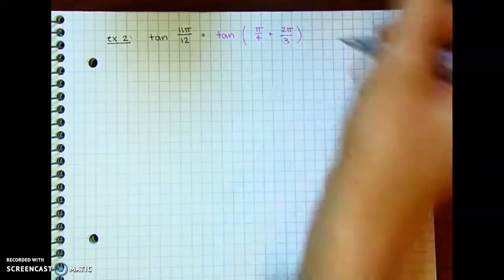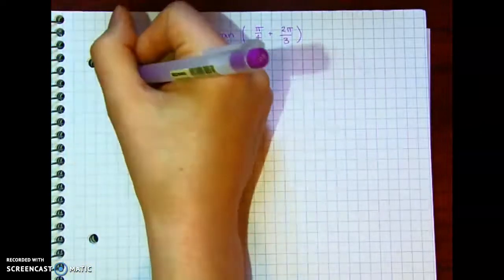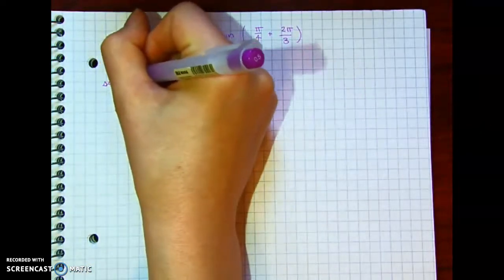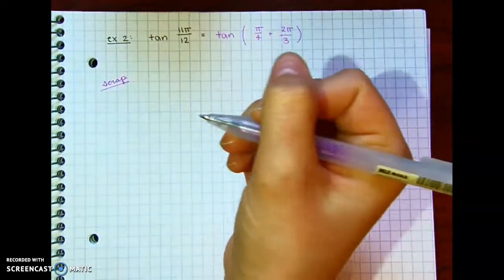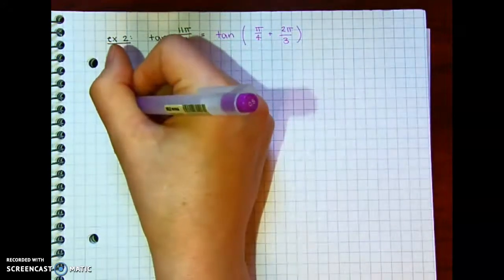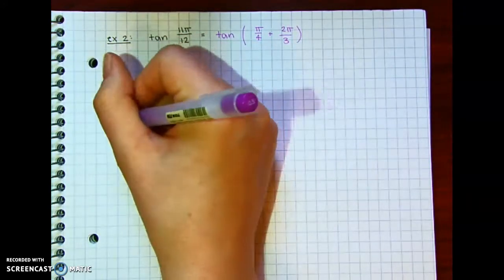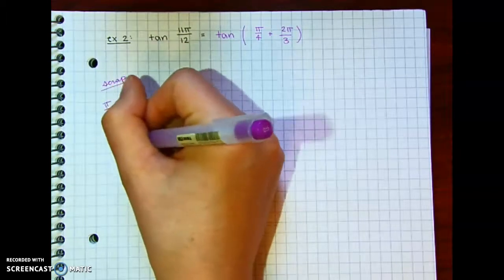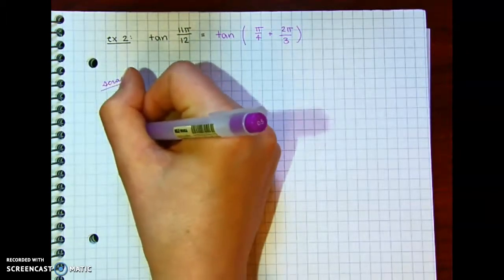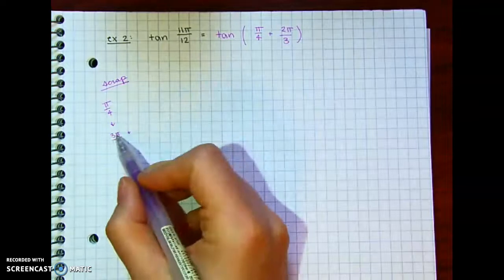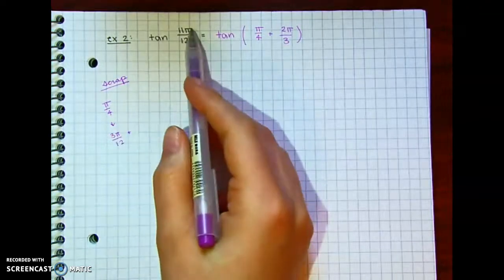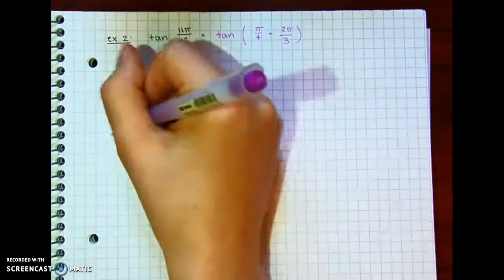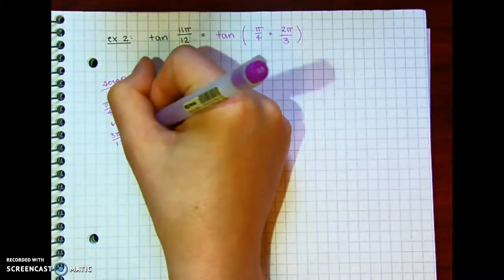And then just like a little scrap work. So sometimes what I like to do, especially if I'm rusty, is pick an angle to start with, so maybe pi over 4, and be like, okay, that with a denominator of 12 is 3 pi over 12. So what would I have to add to 3 pi over 12 to get 11? That would be 8 pi over 12.